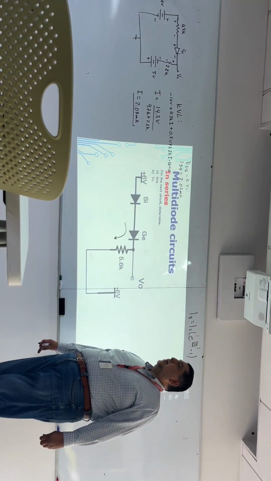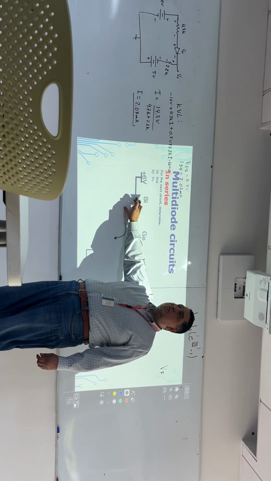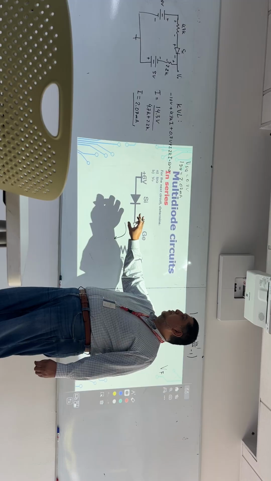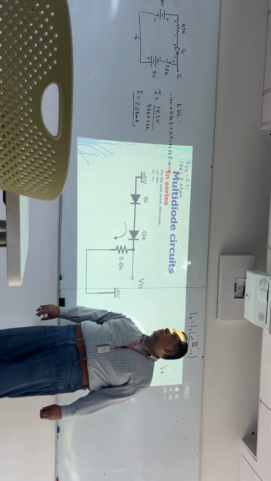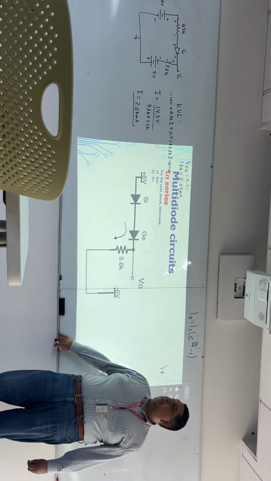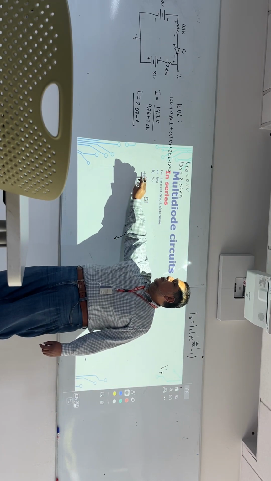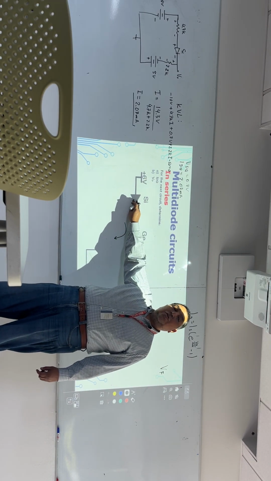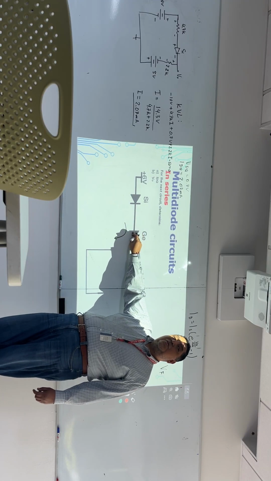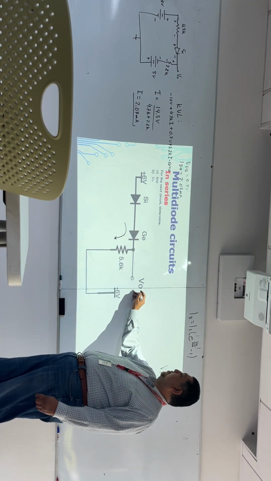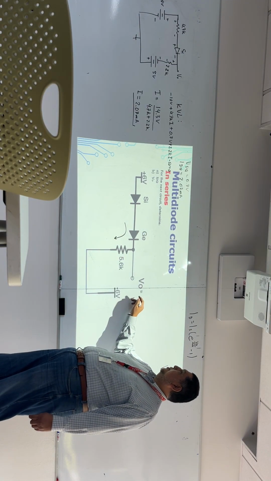And then I just need to remember that silicon diodes have 0.7 volts activation voltage and germanium 0.3. Because of that, if I want to get this value, the only thing I need to do is 6 minus 0.7 minus 0.3. And that is going to be how much? 5.